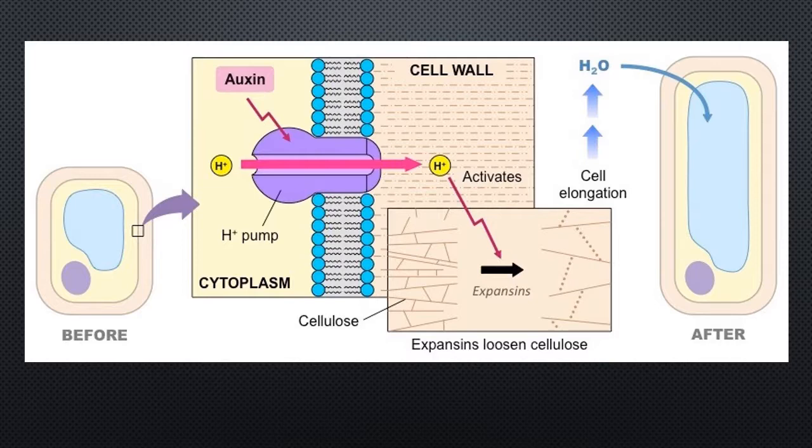Because of that, auxin stimulates our proton ATPase. Protons are pumped into the cell wall. Expansins are activated, which are enzymes that basically chop up the cellulose cross walls, and then the cell can elongate. And so the result of a bunch of that happening all on the one side is that our plant then grows in the direction of the light.